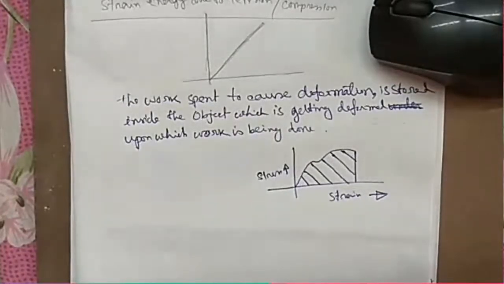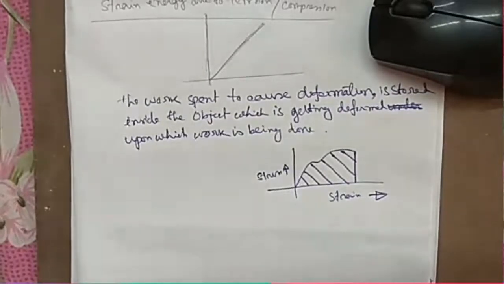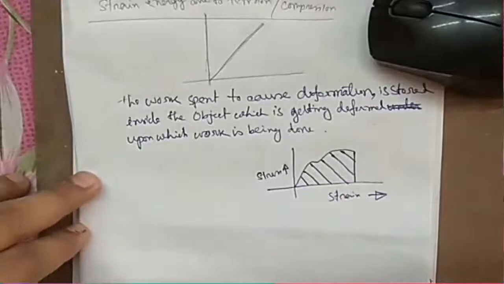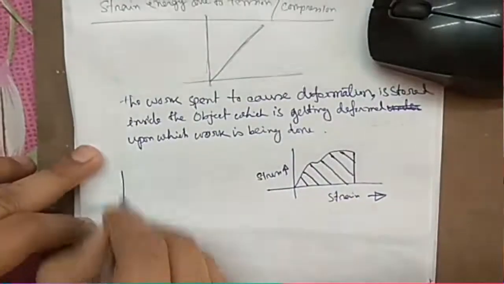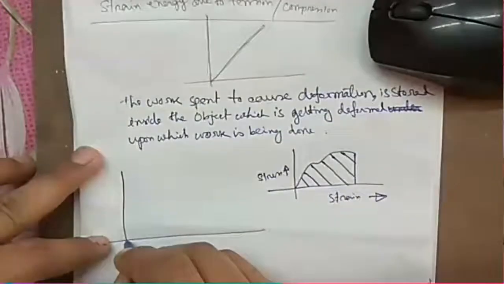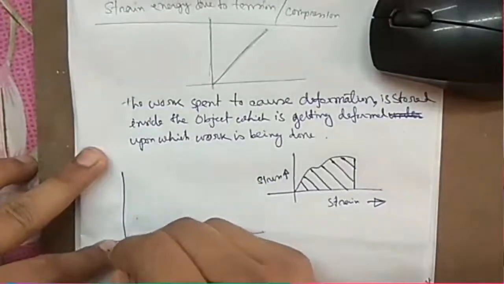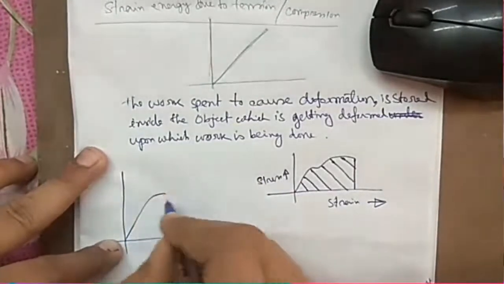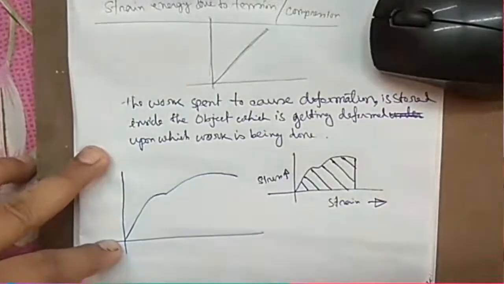Now we will discuss part by part. So we will try to draw this figure a little bigger so that our understanding becomes much easier. This is the curve.